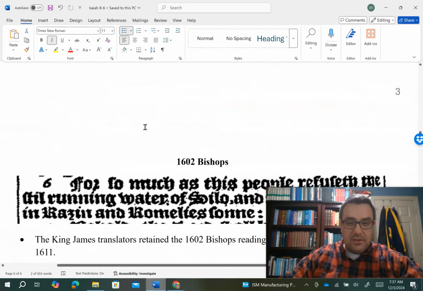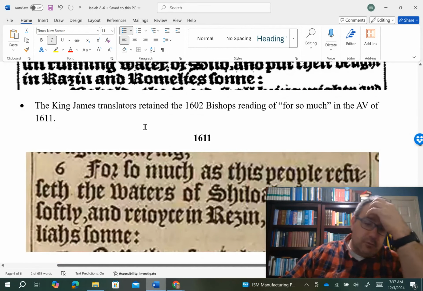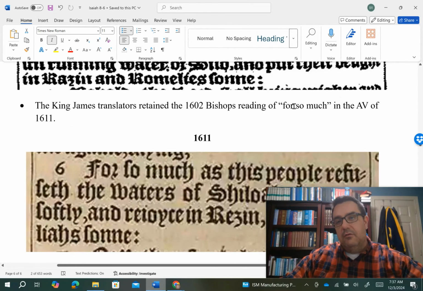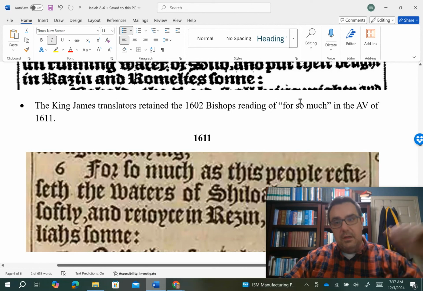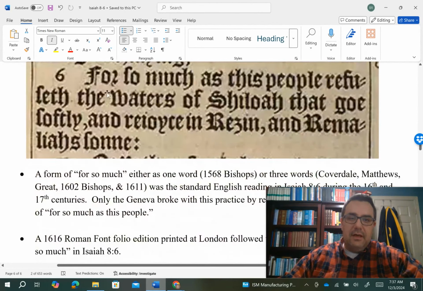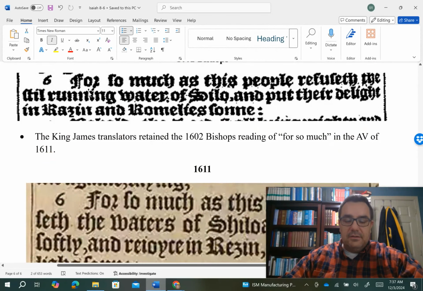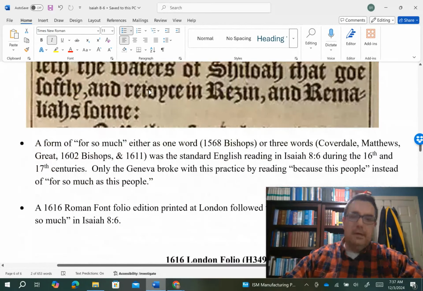So there's changes that are being made to this, all right? So the King James translators retained the 1602 Bishops reading Forsomuch, three words, in the AV of 1611. So here's the 1611 again, Forsomuch, and we can see that it is the same as the 1602 Bishops, three separate words, not one word, okay?